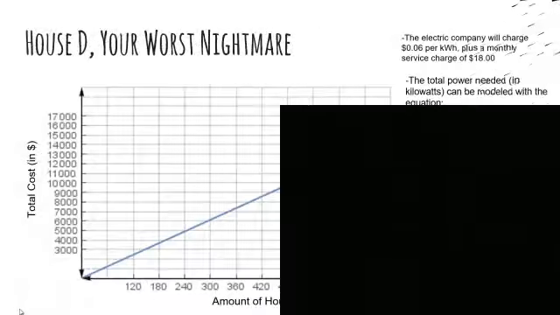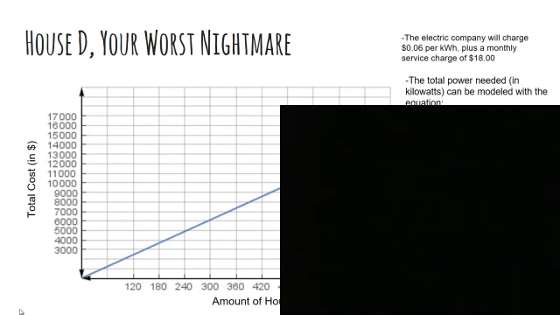House D, which is going to be your worst nightmare out of all of them. It would leave you broke completely. The electric company will charge you 6 cents per kilowatt plus a monthly service charge of $18. The total power can be modeled by our equation 338.97 minus 89.24i.